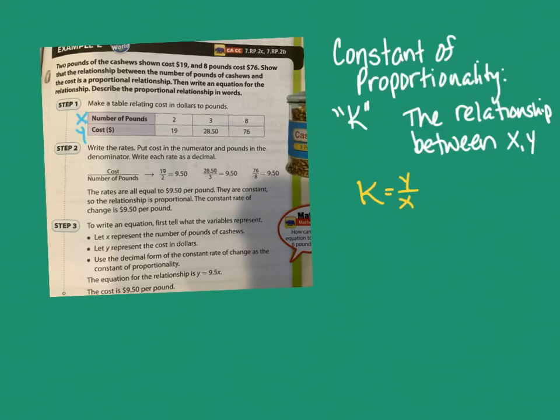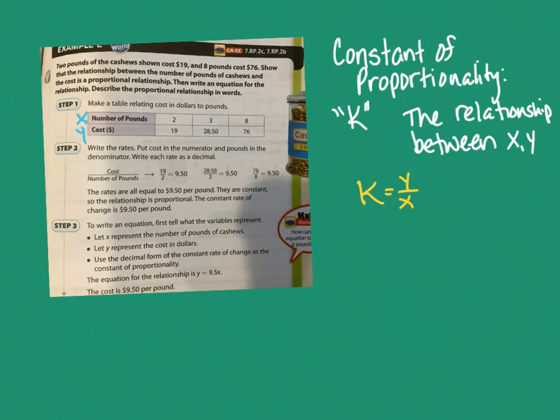So the next part of this lesson talked about constant of proportionality. And the constant of proportionality is frequently referred to as the variable k. I don't know why k, there's no k in there, but whatever, constant, same sound, k.